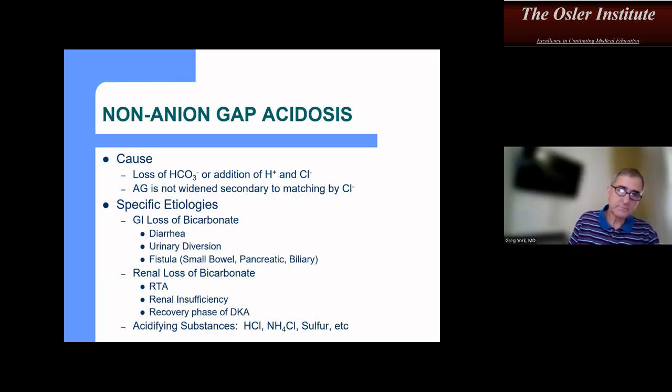Meaning, if you lose bicarb, not only are you losing bicarb, but you're losing negative charges, so chloride will rise. And so when this starts happening, you can see that there's potentially going to be a balance or imbalance in your anion gap. Specific etiologies that result in a non-anion gap acidosis are the GI loss of bicarbonate, for example, through diarrhea, fistulae, something like that, or renal losses. So bicarbonate is the driving factor for a non-anion gap acidosis.